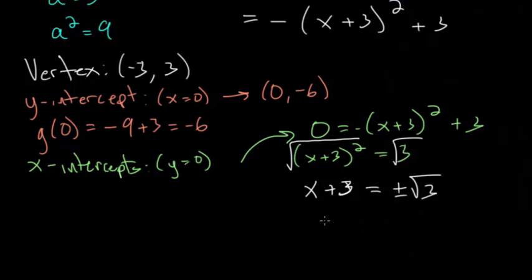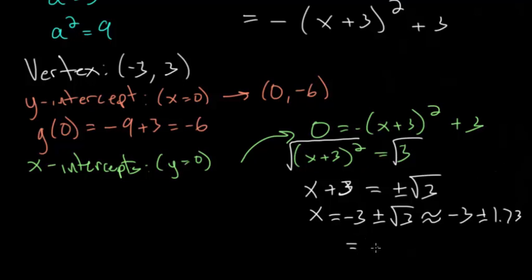So we can subtract 3 from both sides, so x is minus 3 plus or minus root 3. And remember, root 3, I should say, is approximately 1.73, so this is approximately minus 3. Let me rewrite that, that's a bit messy. So we have approximately minus 3 plus or minus 1.73.